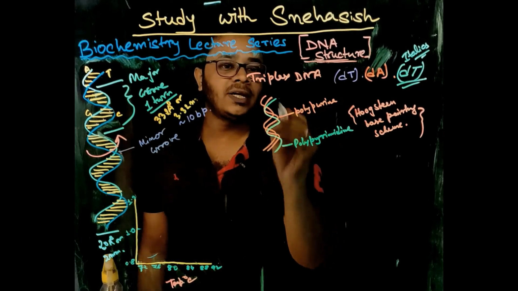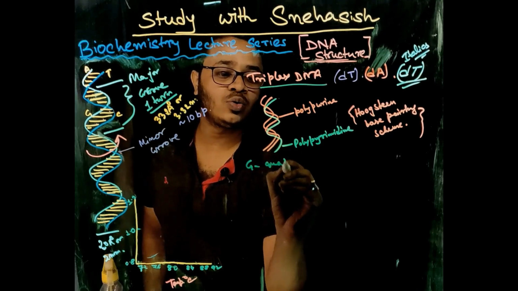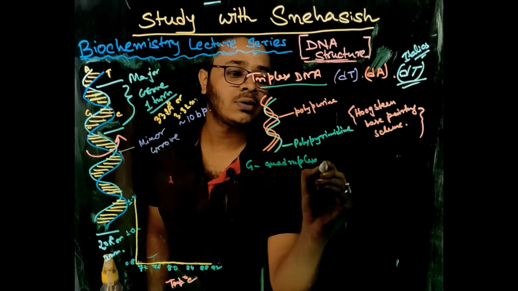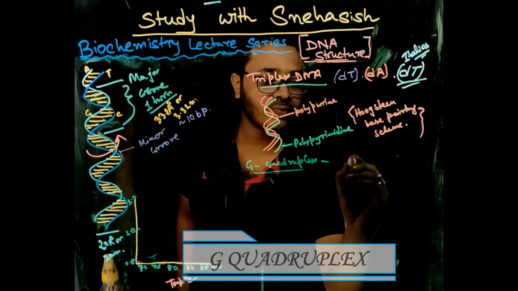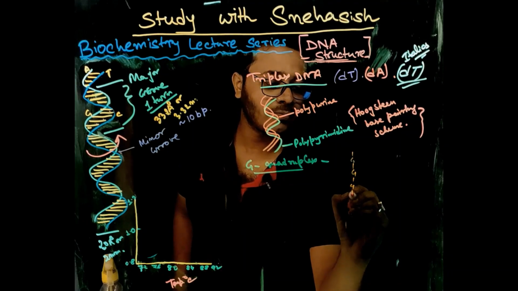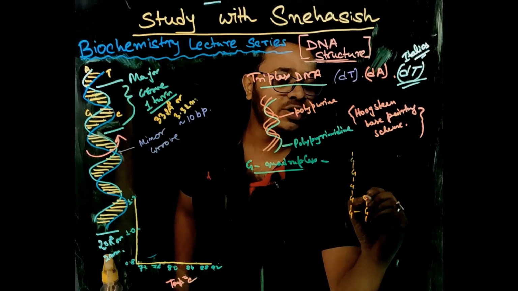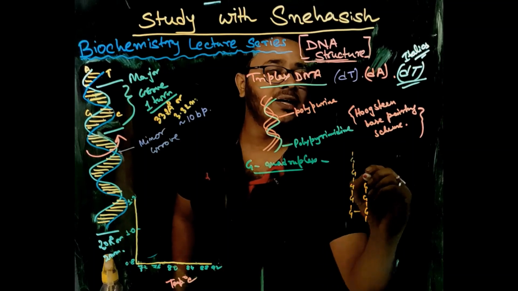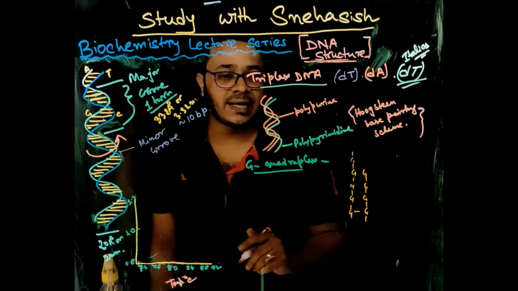Similar to the triplex DNA, another type of DNA is the G quadruplex. This G quadruplex structure looks similar to this. This G quadruplex is a structure of DNA which is quadruplex, meaning 4-stranded DNA.